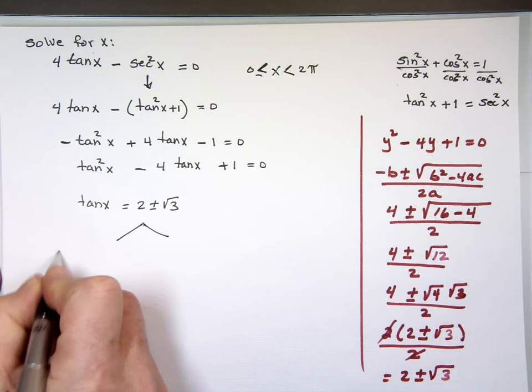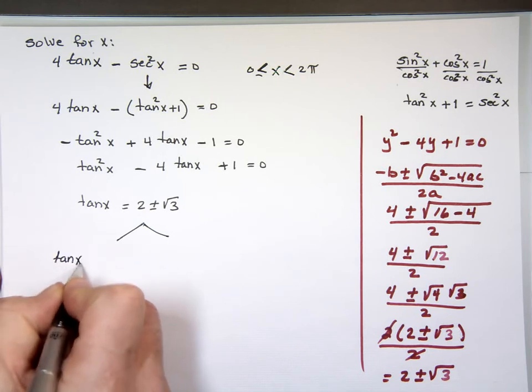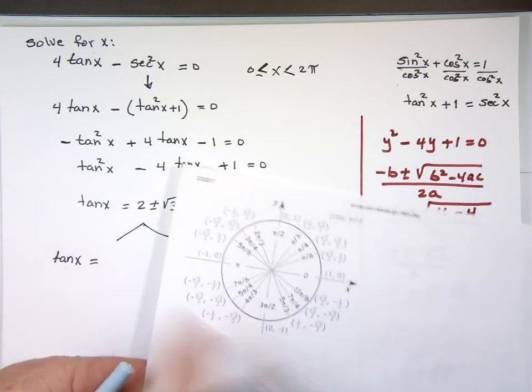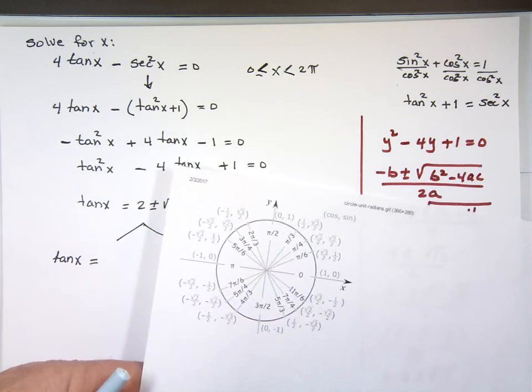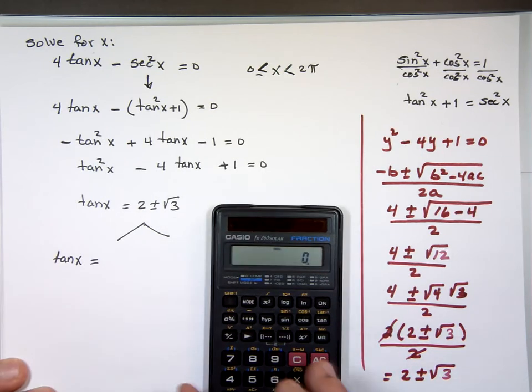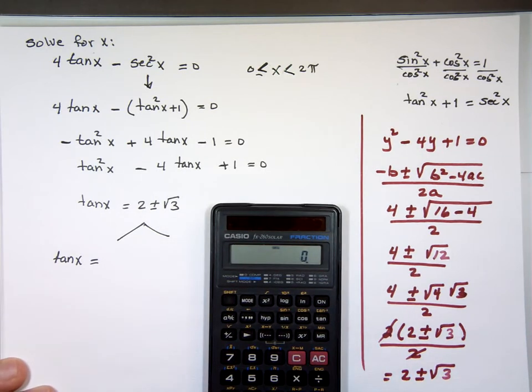Tangent x equals, and my unit circle is not going to help me. It's not going to have 2 plus or minus. So I have to go to my calculator with that one. Here's a cheap one, nothing fancy. What is the square root of 3?